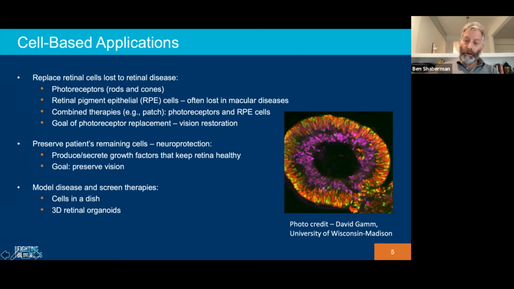And this circular entity on the right side of the slide, this orange and sort of pinkish lavender structure, is a 3D retinal organoid. And this was developed by David Gamm at the University of Wisconsin-Madison.